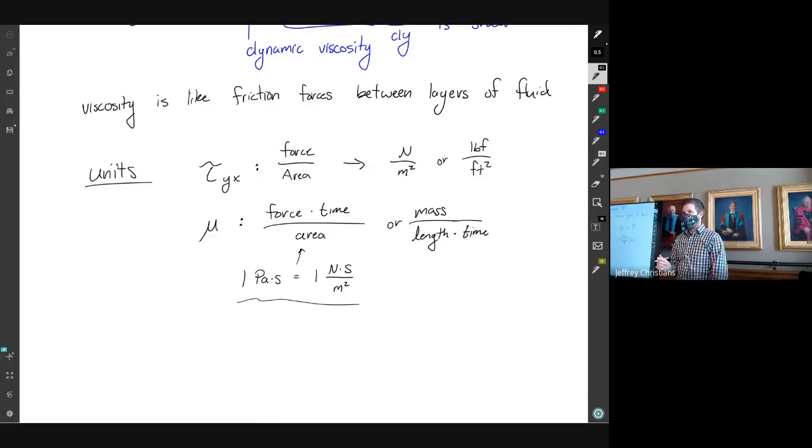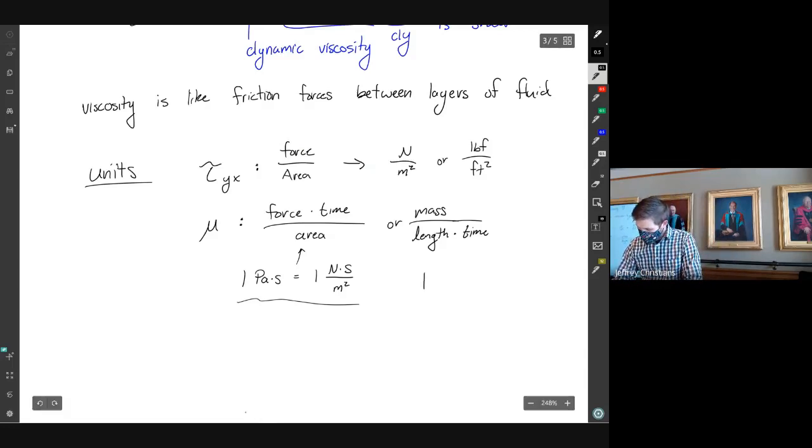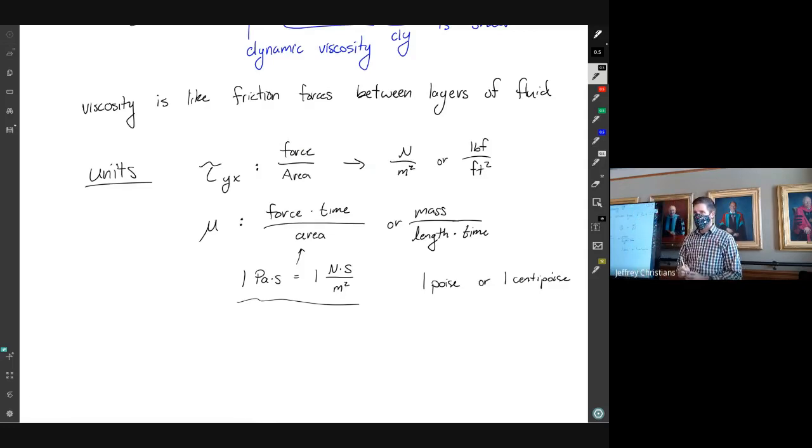So you could talk about the viscosity of something in Pascal seconds. The mass divided by length times time is another, different unit system. This we would talk about as 1 poise, or 1 centipoise. Centipoise is actually the more common version.